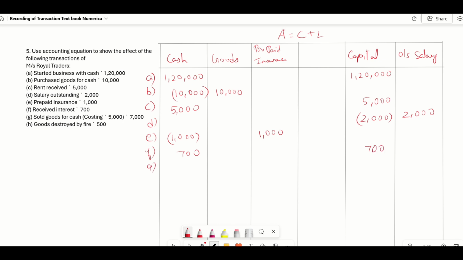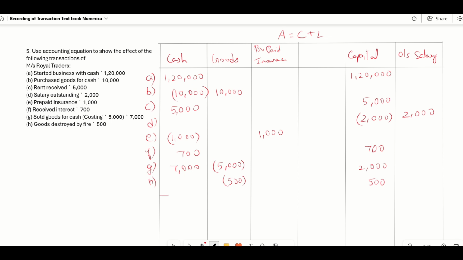G, goods sold for cash costing 5,000 for 7,000. So 5,000 worth of goods is being sold for 7,000. So if you see, the profit here is 2,000, which will be added to the capital. Alright. And H, goods destroyed by fire. So 500 worth of goods is destroyed by fire, which is a loss. So again, we'll be subtracting the same from the capital as well.